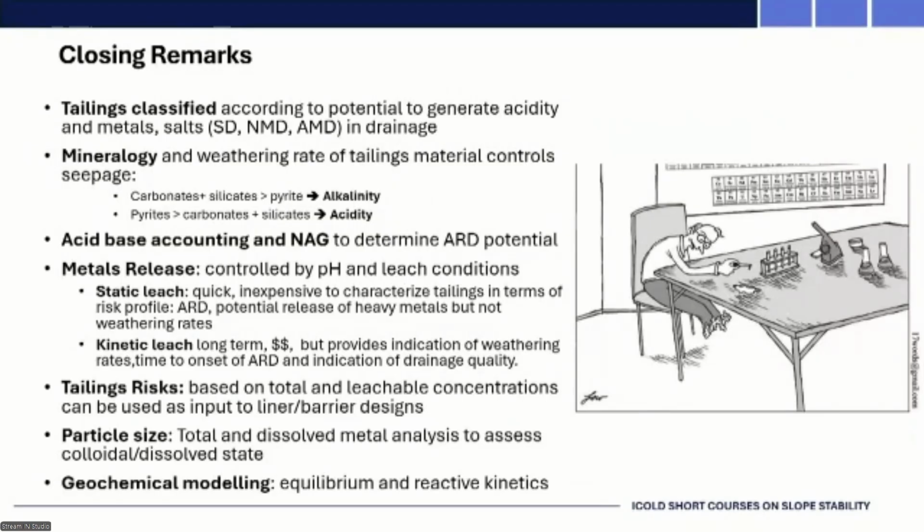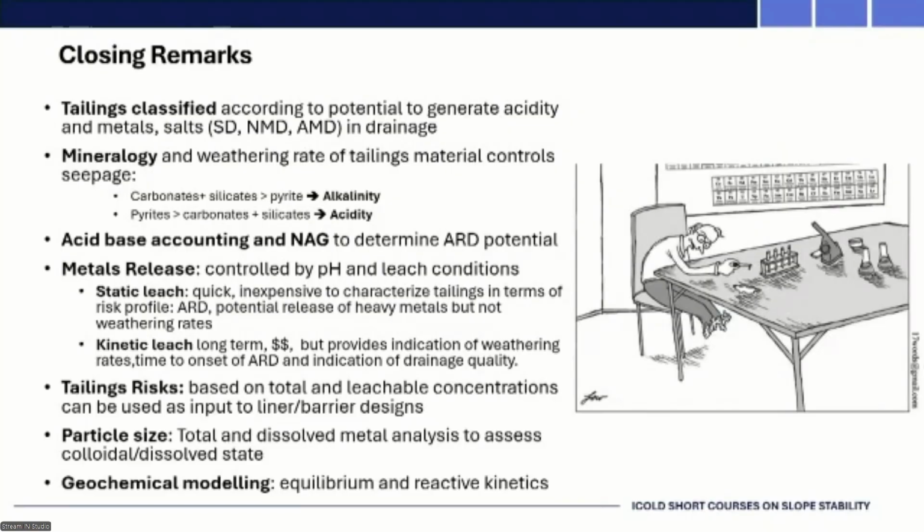And if you've got more pyrites weathering faster than your carbonates and silicates, then you're going to have an acidic environment. Okay, and then you use those to determine your acid rock drainage potential and your metal releases. That's based on your static leaches and your kinetic leaches. Just a quick summary there.